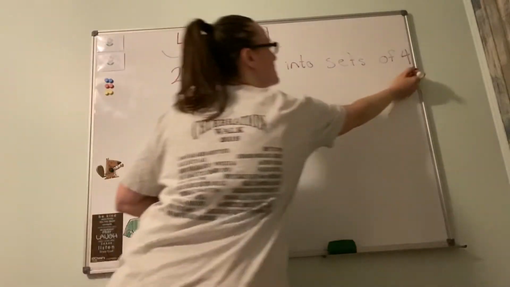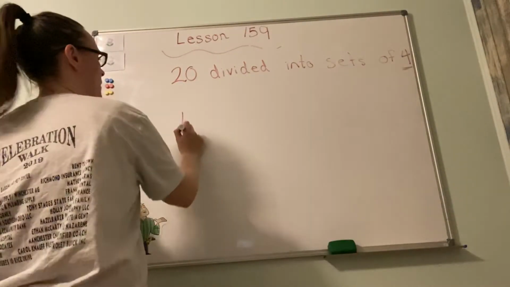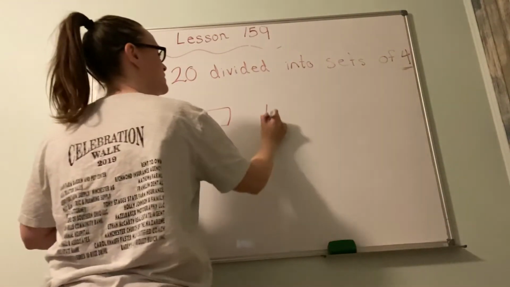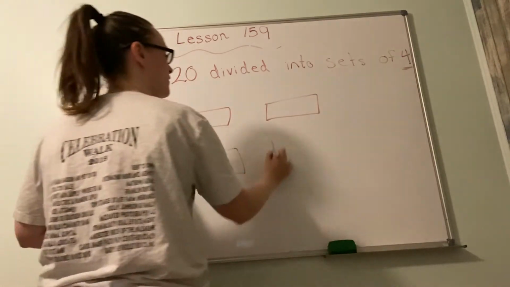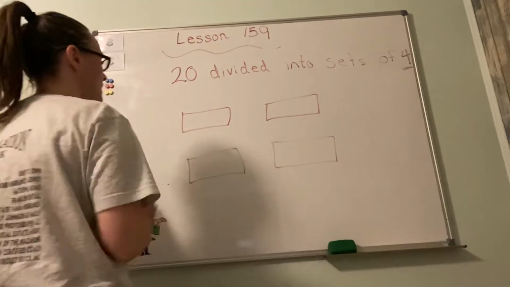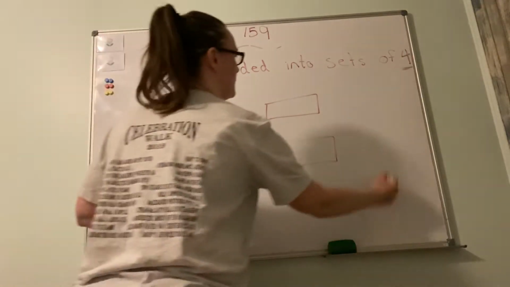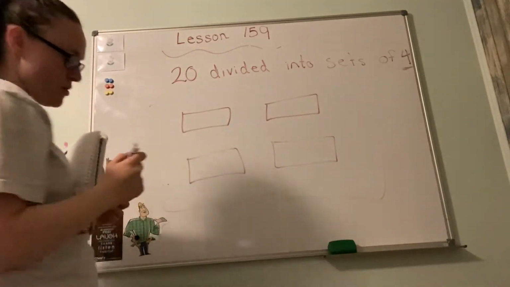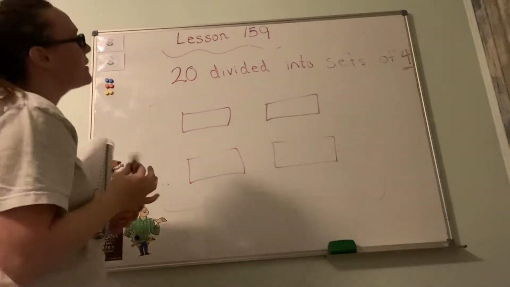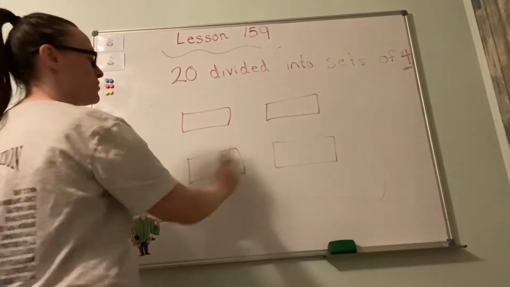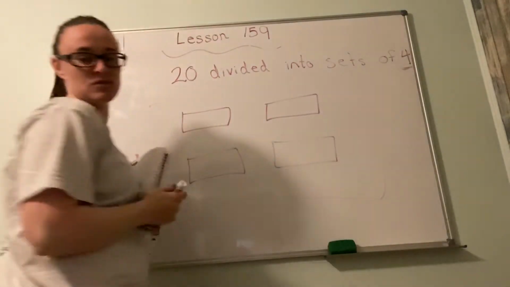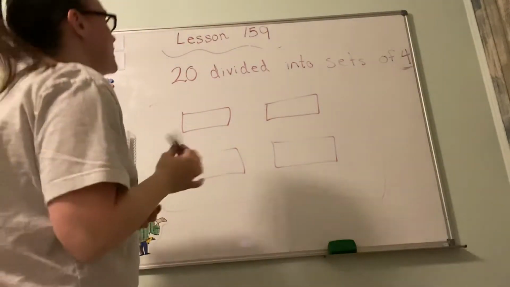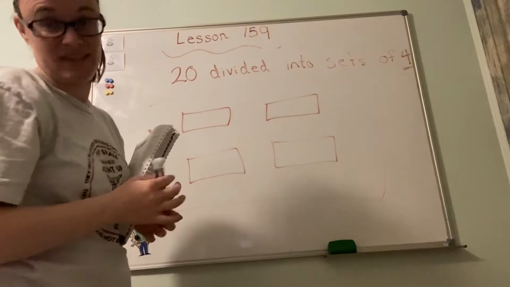So let's get our set of 4: 1, 2, 3, 4. So this is what you're going to be drawing in here. We have 20. We have to divide it into sets of 4. So here's my 4 sets. Use these boxes to represent how many you're supposed to divide it into. Now we're dividing 20 into those sets.